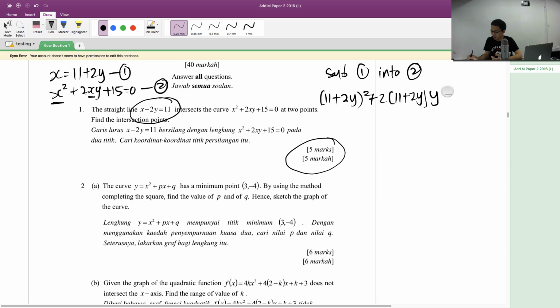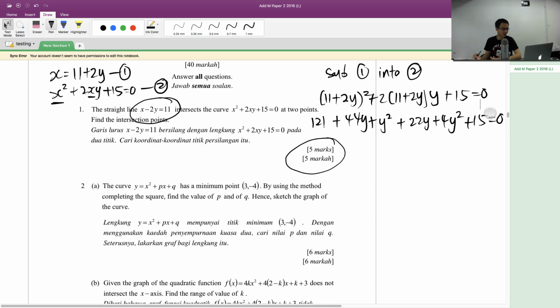Then we get 121 plus 44y plus y squared plus 22y plus 4y squared plus 15 equals 0. So from here we simplify: y squared and 4y squared is 5y squared, 22y and 44y is 66y, and 121 and 15 is 136 equals 0.